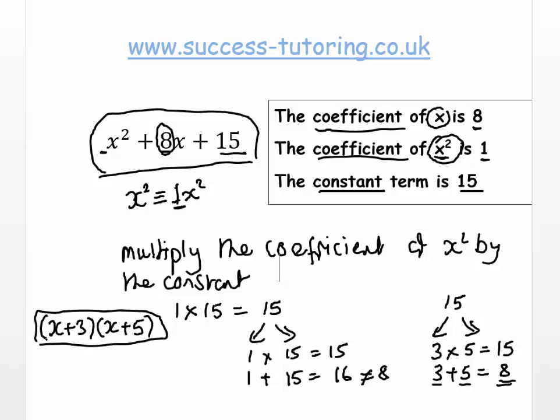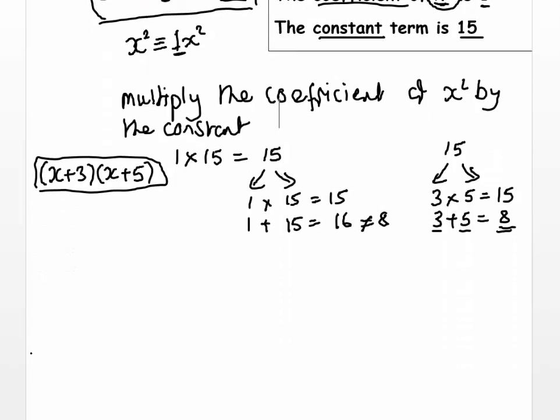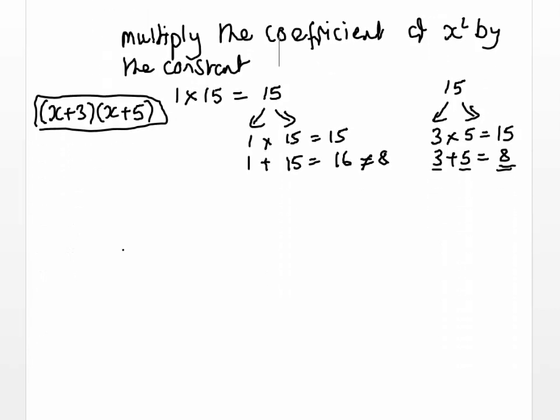But how can I check if that's correct? Let's have a go on the next page, or actually, I'll just scroll down. I'm going to go ahead and expand this out now. So x times x will give me x squared. X times 5 will give me plus 5x.